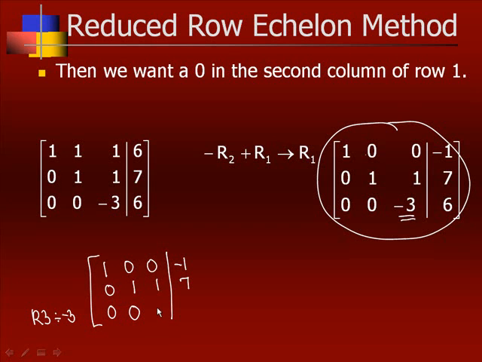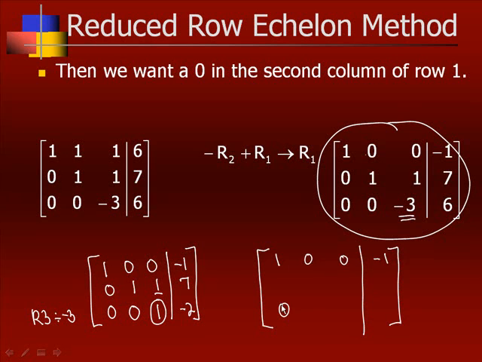Negative 3 divided by negative 3 is 1. 6 divided by negative 3 is negative 2. That got our 1 where we wanted it to be. Now we want to get zeros above that. Well, we've already got it in the first row, so the first row is going to be good. The first row is 1, 0, 0, negative 1.